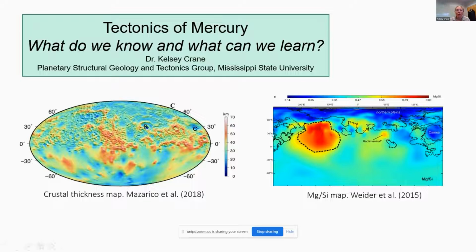What about the compositional map? I would say it's somehow weird to see a big concentration of some elements in one place and a big concentration of other elements in another place.